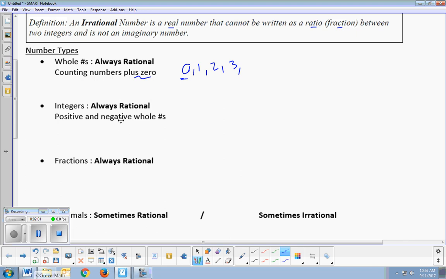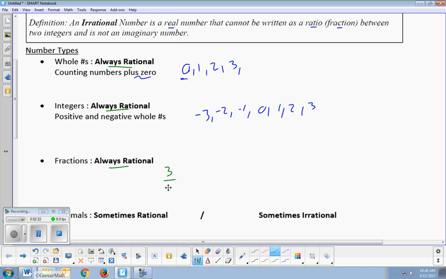Integers are that but negative. So we have -3, -2, -1, 0, 1, 2, 3. There are no fractions and no decimals, although we know that that will come into play. So whole numbers are always rational, an integer is always rational, and a fraction is always rational.